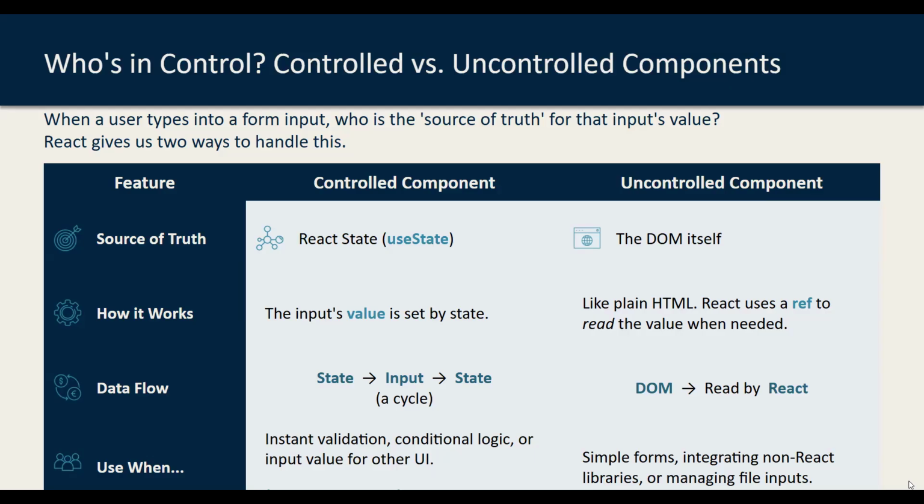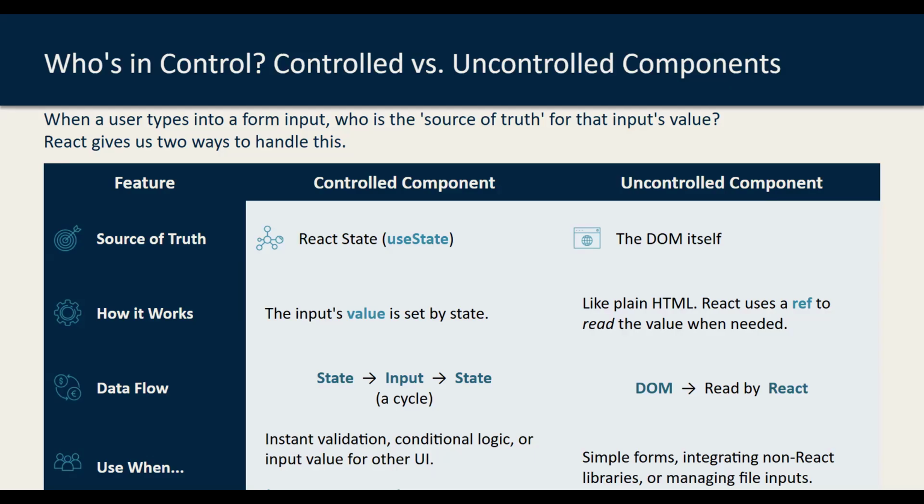This is useful when you want instant validation, or you want to implement some conditional logic, or when the input value affects other parts of the UI. Similarly, in an uncontrolled component, the DOM itself, now the DOM refers to the document object model, holds the current value. This works more like plain HTML, and React can read the value later, often using a ref when needed.